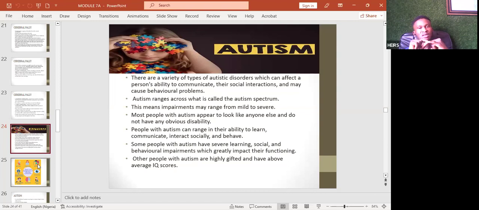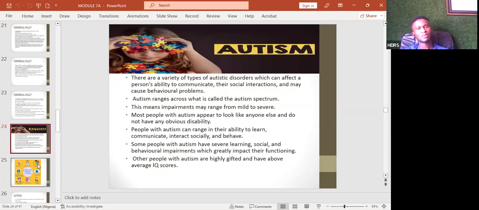Someone with autism has no physical disability. Their hands are complete, their legs are complete, they are physically fine. People with autism can range in their ability to learn, communicate, interact socially, and behave. It's even recorded that some people with autism are highly gifted and have above average IQ scores. Autism is not a new word or a new disease condition; it has been existing. Like most children who have autism, they have good intellectual capacities.